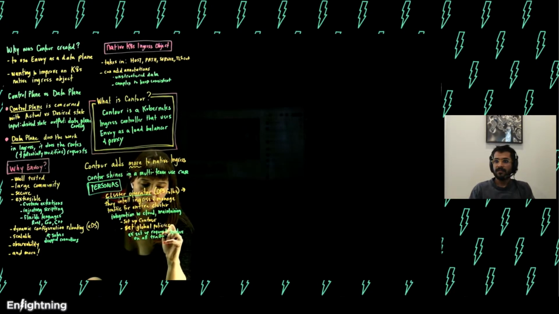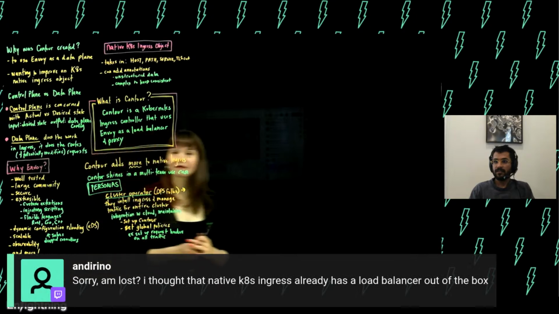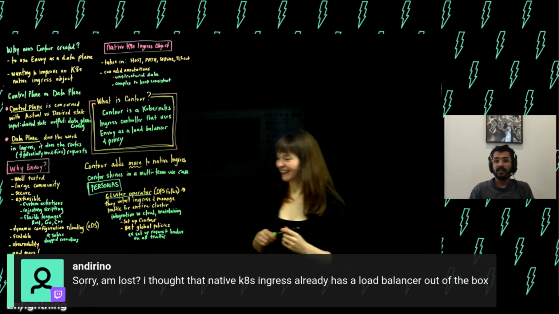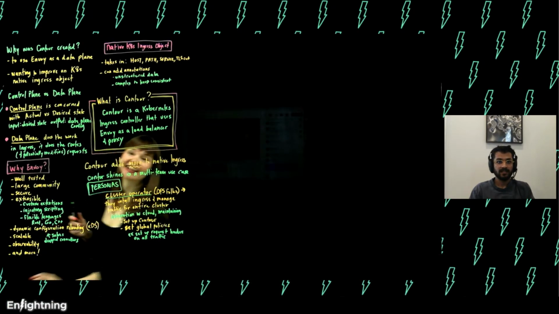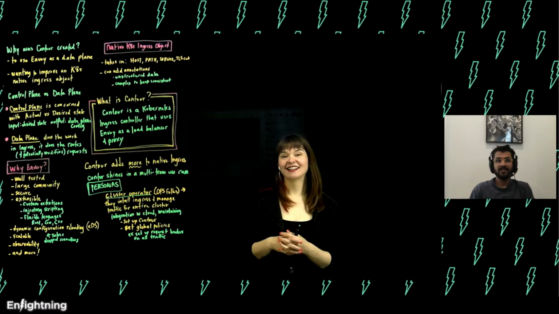And we have a question from Andorino. Sorry, I'm lost. I thought that native Kubernetes Ingress already has a load balancer out of the box. That's true, but you don't necessarily have to use that Ingress controller. As Whitney's alluded to, there's a whole bunch of choices that offer different features, and Contour is one of them.